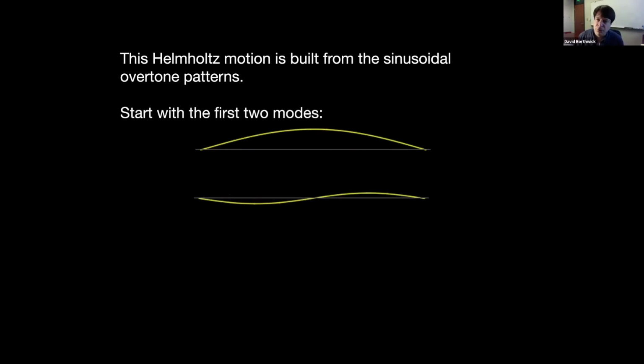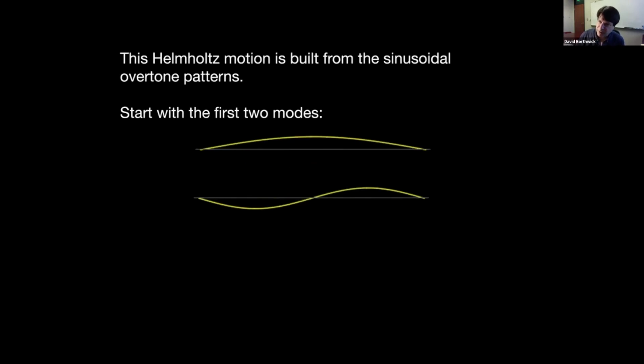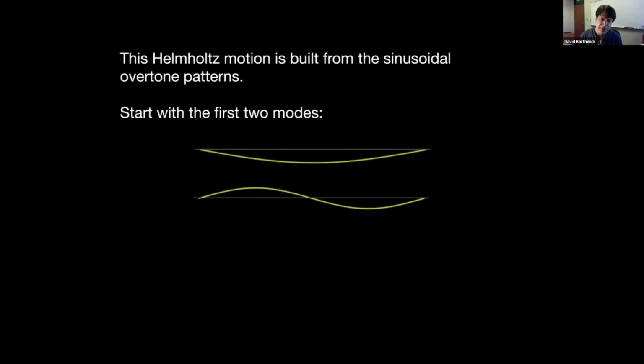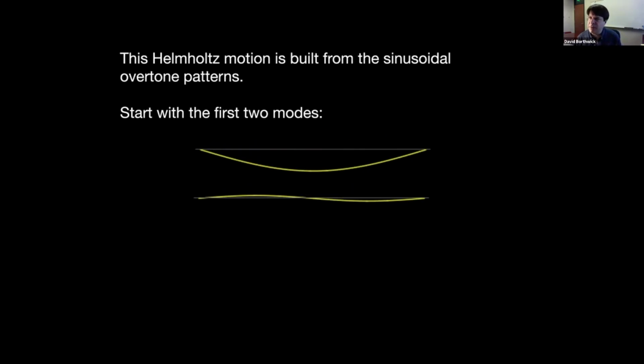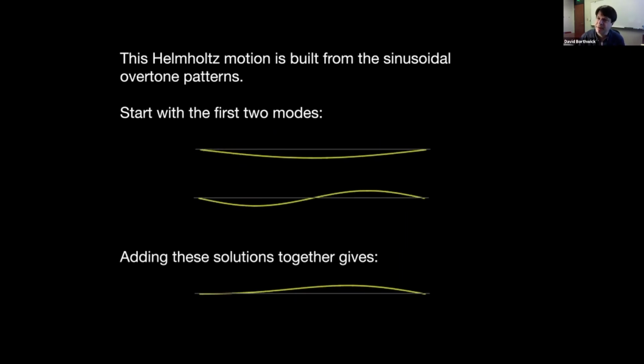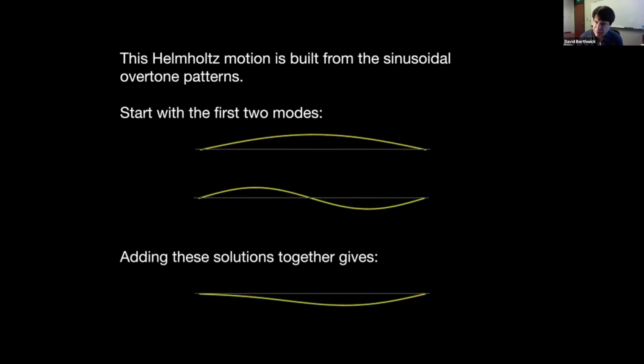So here are the first two vibration modes of the string, the fundamental note and the first overtone. And I can just add them together. So they could happen simultaneously, and that would still be a solution of the wave equation.